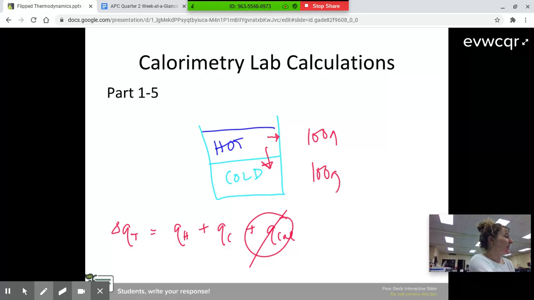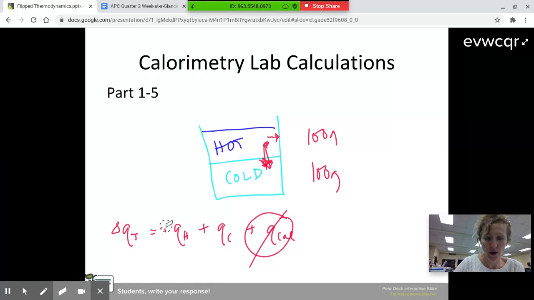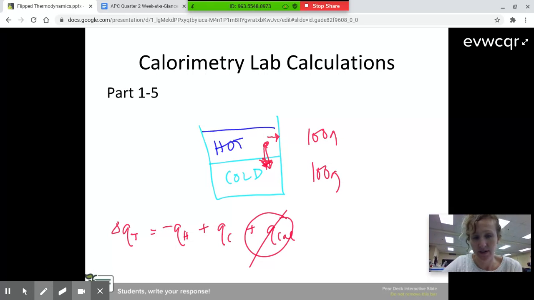Okay. So hot water, since the energy is moving out of the hot water, should be a positive sign. Oh no, should be a negative sign, because your system is the hot water and the energy is moving out of your system.